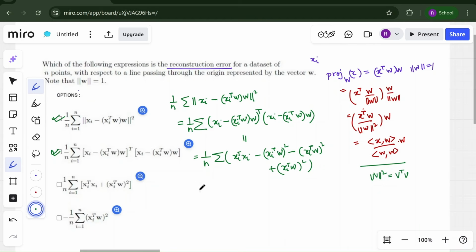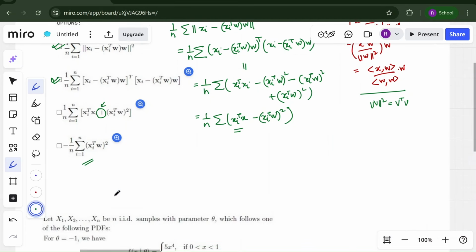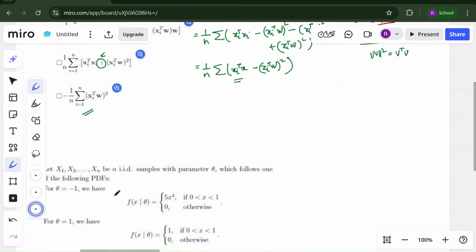So now this can be written as 1 by n times the summation of xi transpose xi minus (xi transpose w) whole square. If this were a minus, then this is also true, but the symbol is badly recognized; it's a printing error, I guess. As written, this is not true because you have an xi transpose xi term here that is being ignored. That's pretty much it. Let's go to the next question.